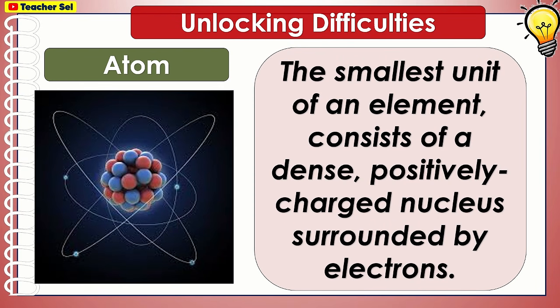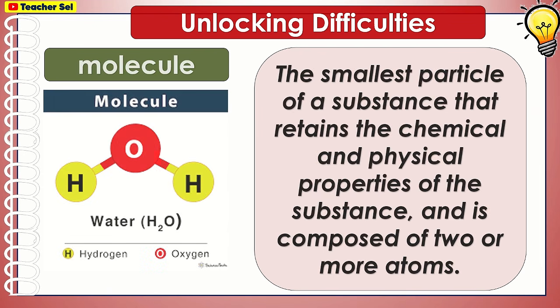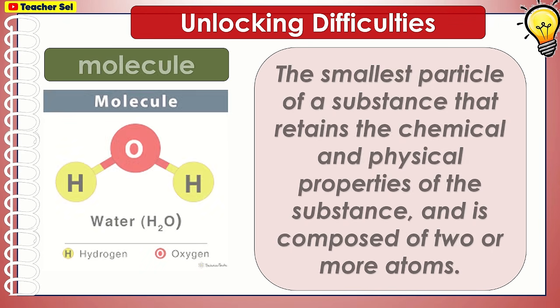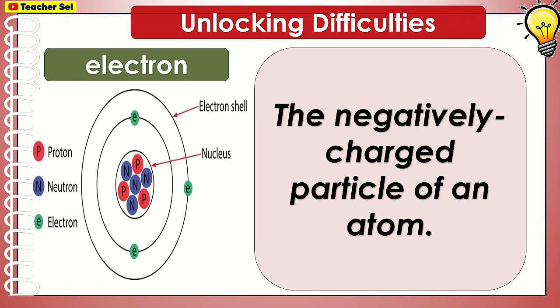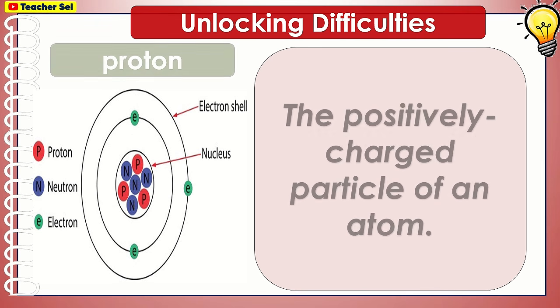Atom, the smallest unit of an element, consists of a dense, positively charged nucleus surrounded by electrons. Molecule, the smallest particle of a substance that retains the chemical and physical properties of the substance and is composed of two or more atoms. Electron, the negatively charged particle of an atom.